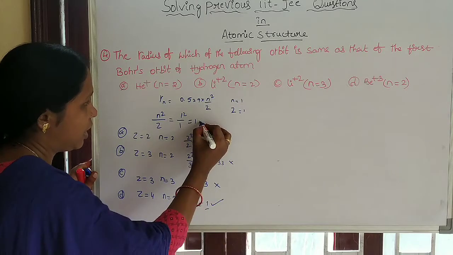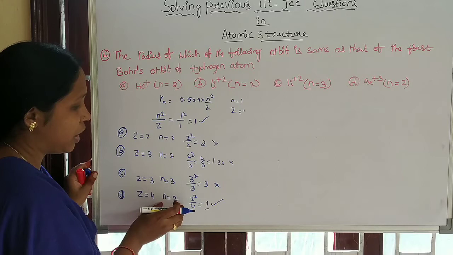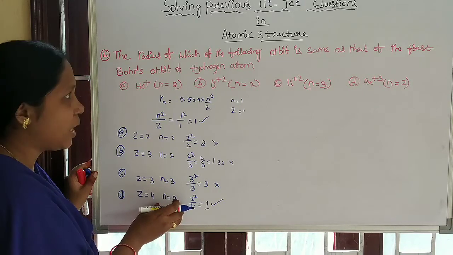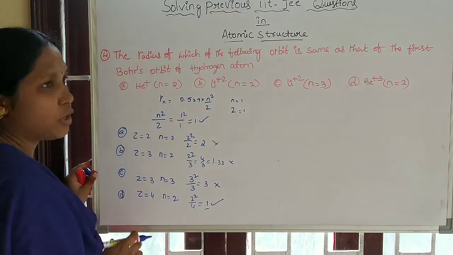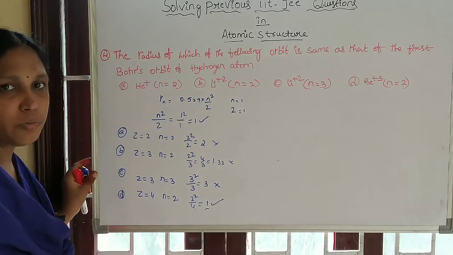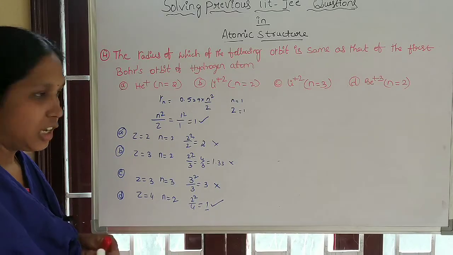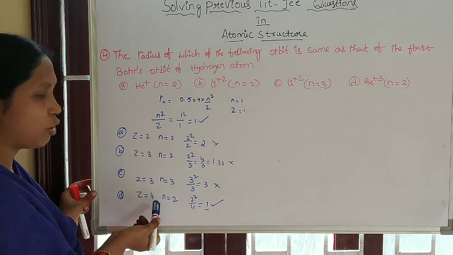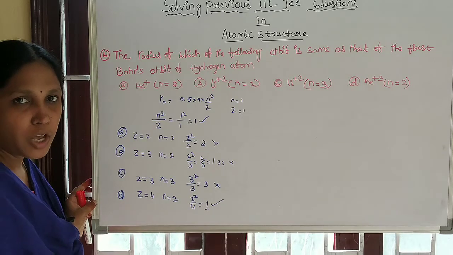So the electron present in the second orbit of beryllium has the same radius as the first orbit of hydrogen atom. Whatever radius the first orbit of hydrogen shows is also shown by the electron present in the second orbit of beryllium.